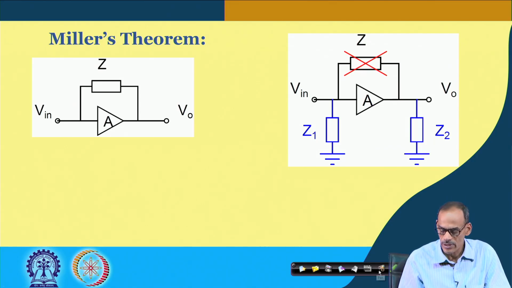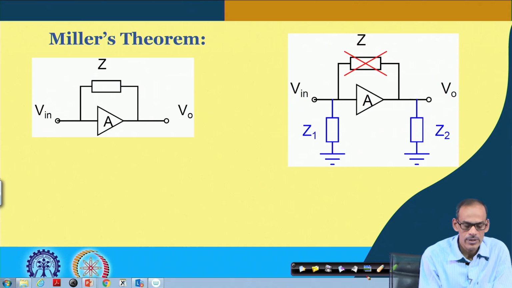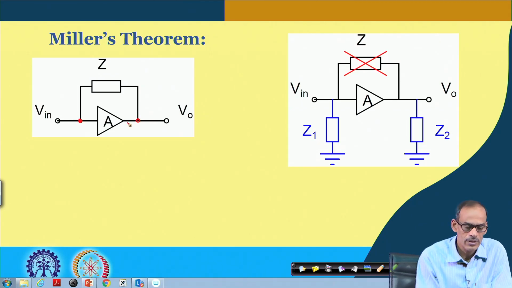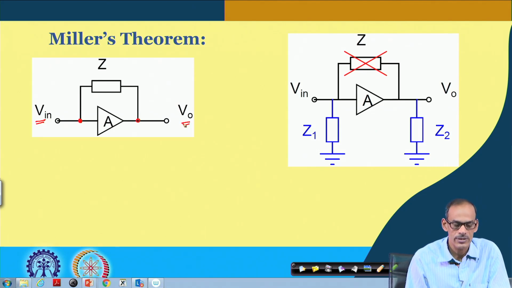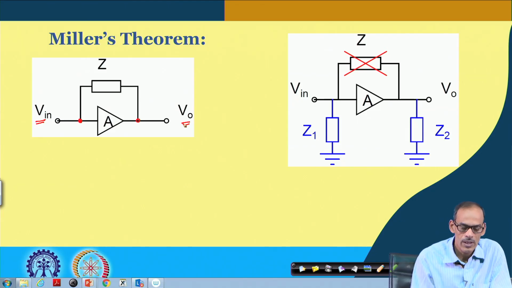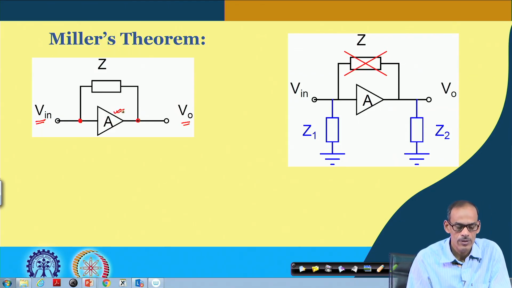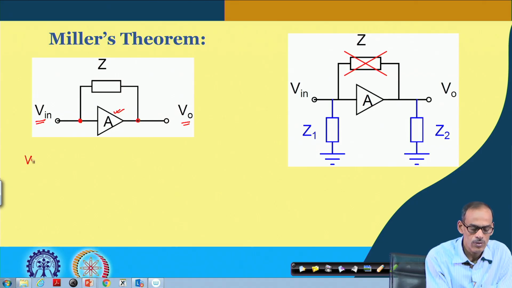Now, in general, suppose we have one amplifier, and let me consider the signal at the input as a voltage. Likewise, we have the output signal also in the form of voltage, and we have the main amplifier A, which means that VO equals A times V in.